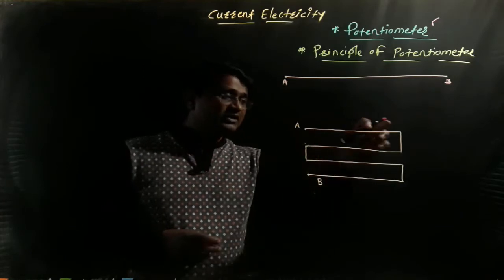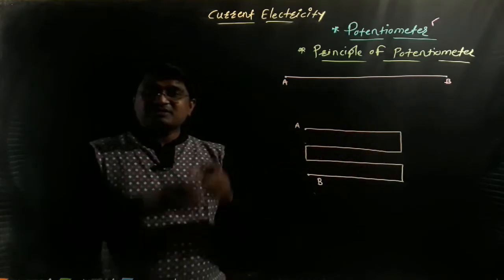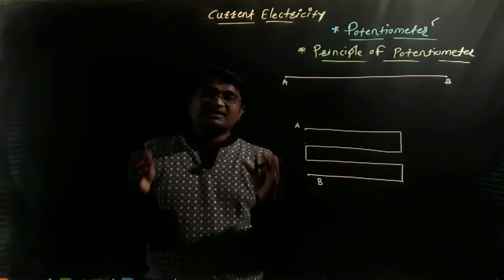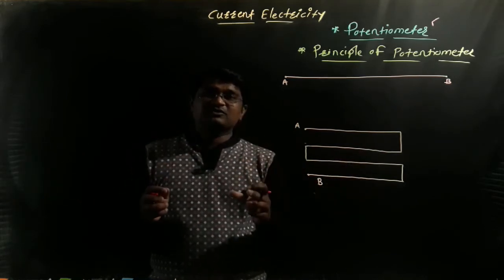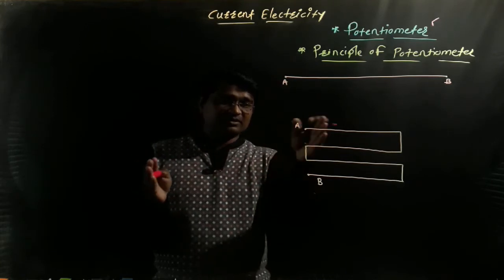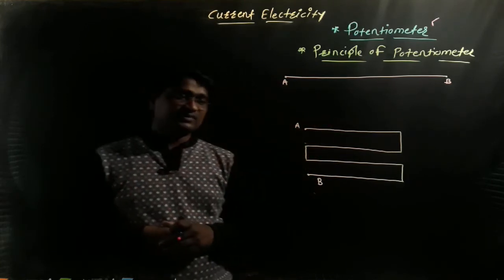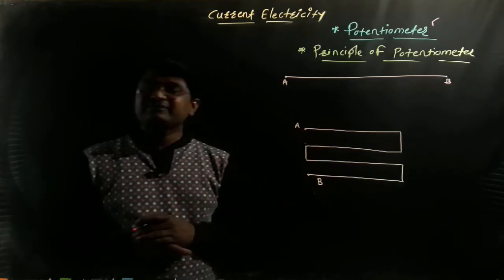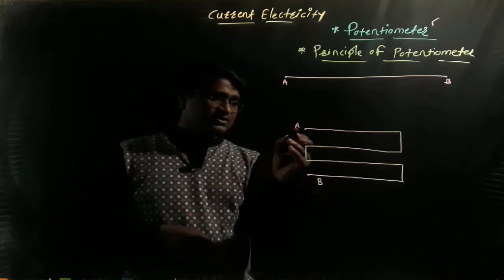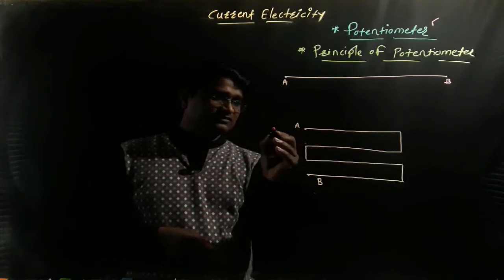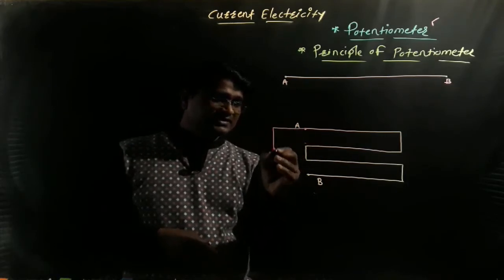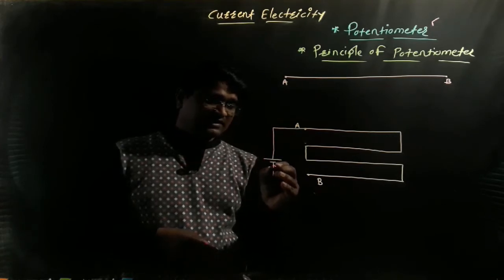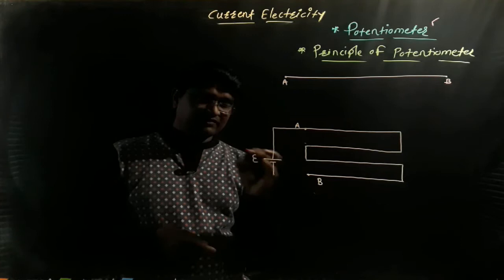So the 4 meter long wire AB is fixed on a rectangular wooden board, and on the same board a meter scale is fixed parallel to the wire AB. Let's observe the first point A and the last point of the wire, B. Now this point A of the wire is connected to the cell, and this cell is represented by epsilon according to the textbook.